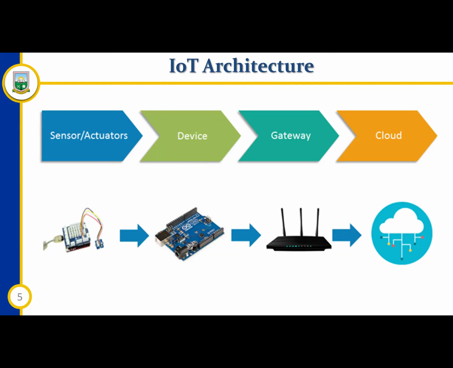Because we are dealing with IoT, most of the things that we'll be talking about will be related to controllers, and I remember giving you examples of the controllers that exist. So first of all, the sensors detect and measure physical properties in our surroundings, and based on that, they convert that physical property into an electrical signal.